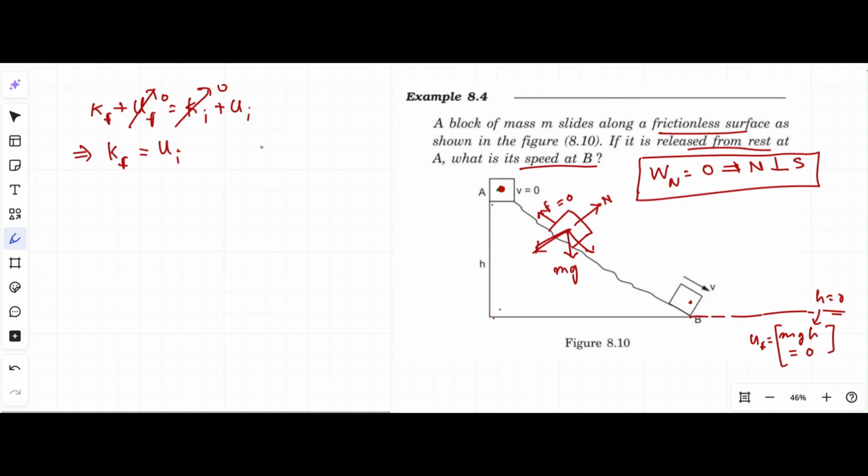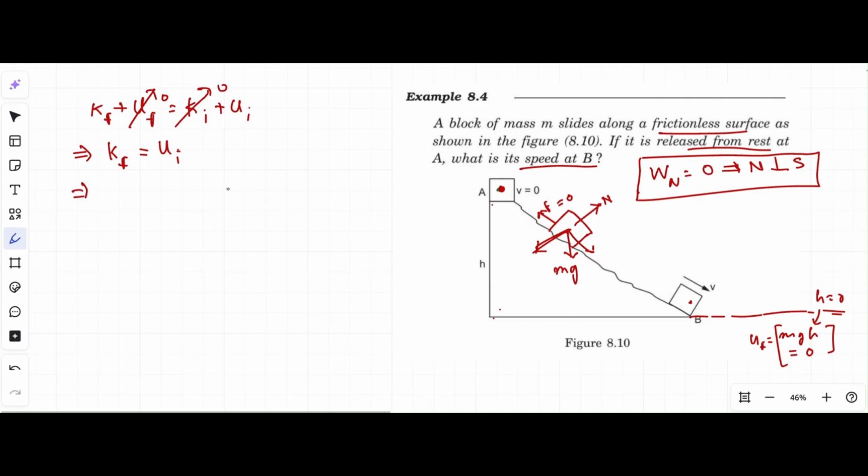We will understand that if it is released from rest and it gains some velocity and no other force is acting, it means it is gaining velocity due to the loss in the potential energy, the loss in the gravitational energy of the system. So Kf equals Ui. What is Kf?